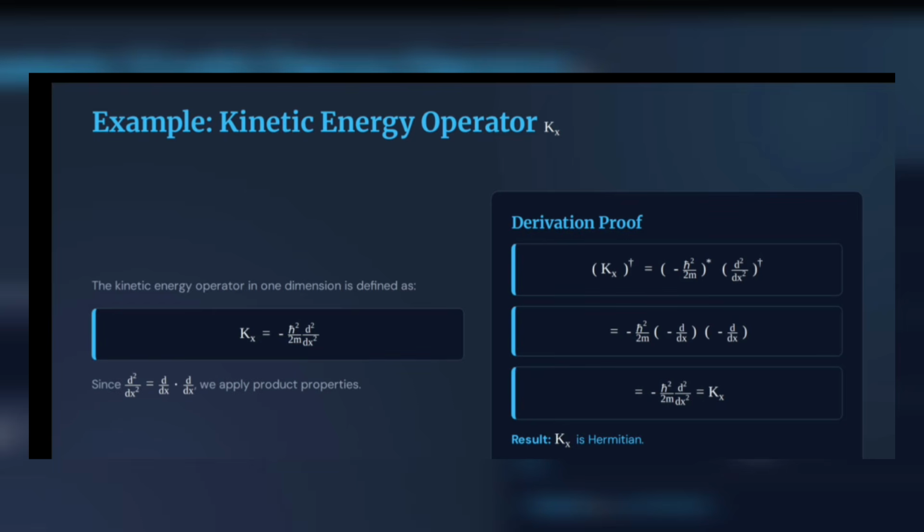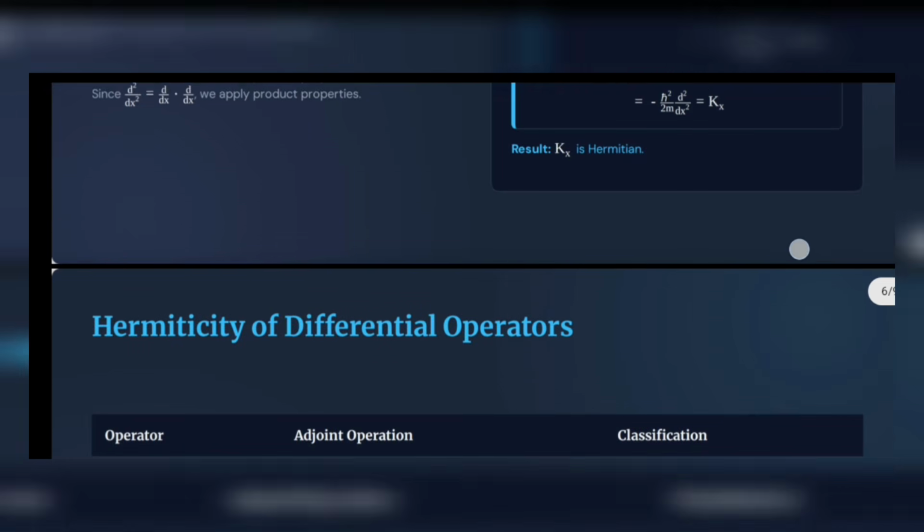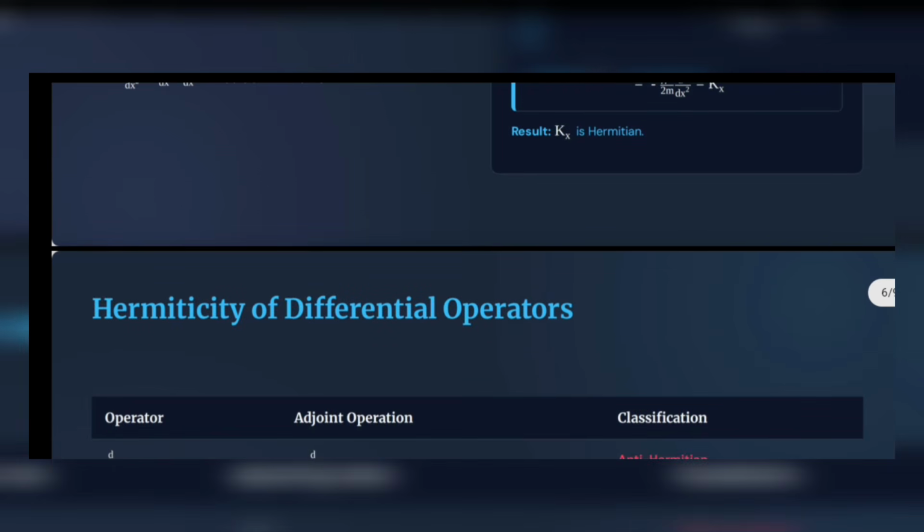Evaluating these steps, we get right back to minus h cut square by 2m d square by dx square, which means kx is Hermitian as well.